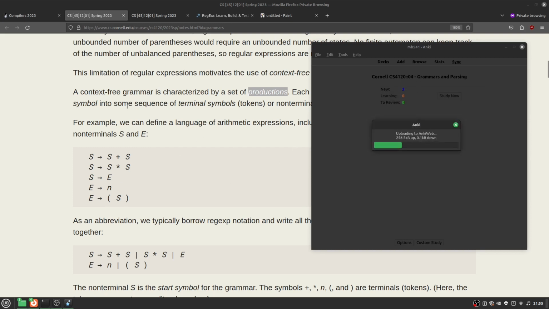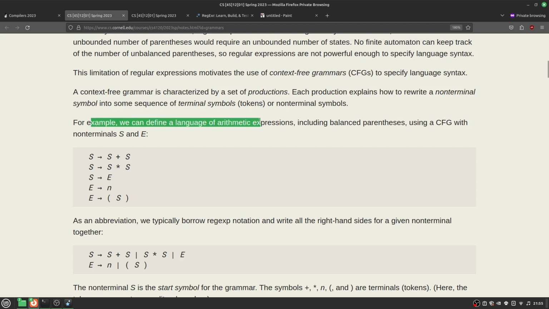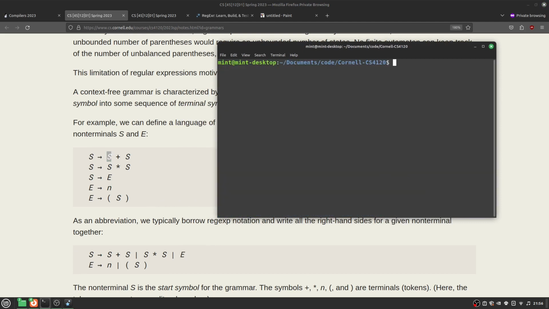Okay. We can define a language of arithmetic expressions, including balanced parentheses, using a context-free grammar with non-terminals S and E. So we've got our non-terminals S and E. I'm guessing this represents the associative property of addition, because you can substitute S in here and S can equal S plus S, but then each of these S's can expand to be S plus S plus S plus S plus S plus S, and so on.